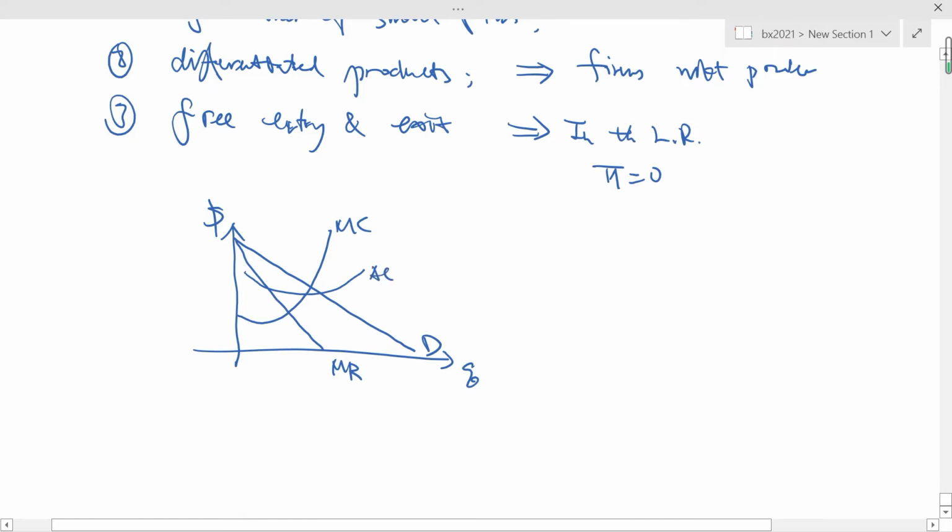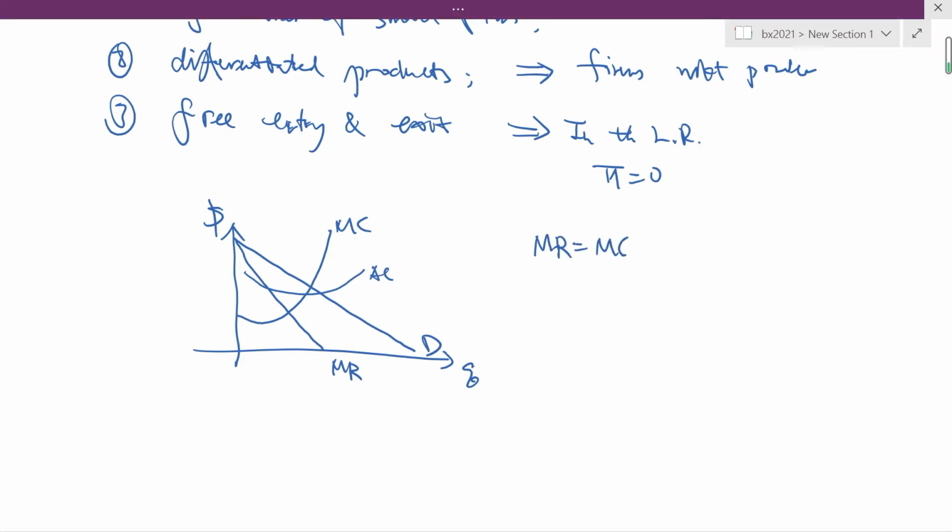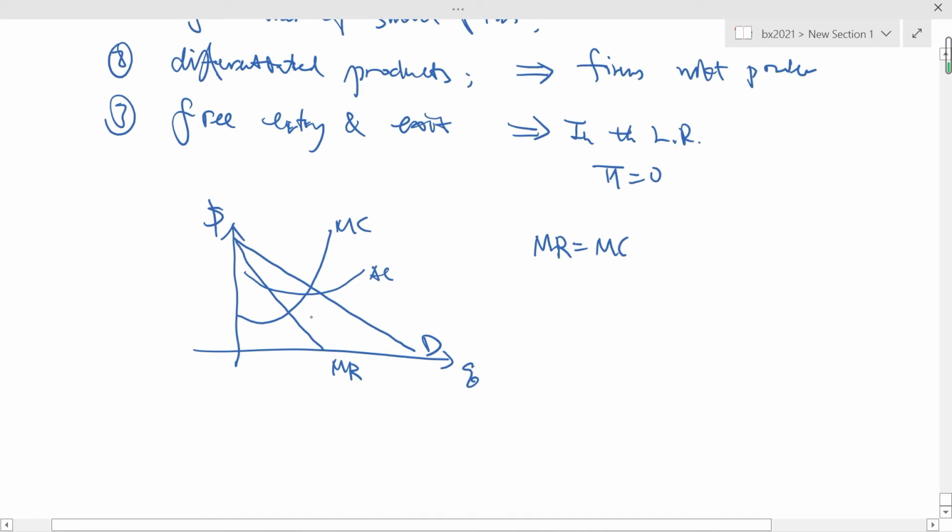So in this market, I want to choose the quantity output and set the price for my product so as to maximize my profit. And in doing so, firms will follow MR equal to MC, which means there's MC curve here, MR curve here, which means producing at a point. Let me call this point A.